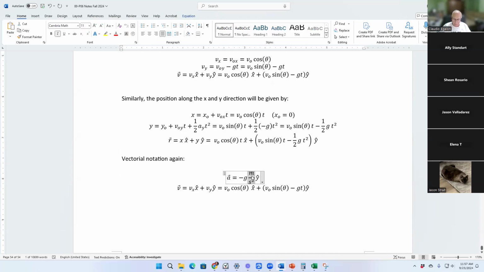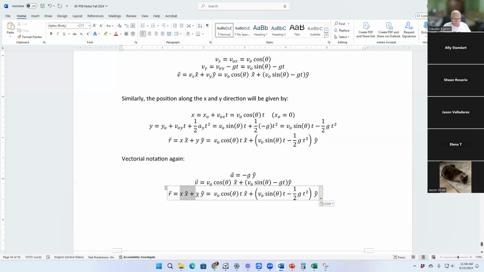And we do not need the meters per second squared because the unit's already implicit in the g. Here's the velocity vector. And here is the position vector.